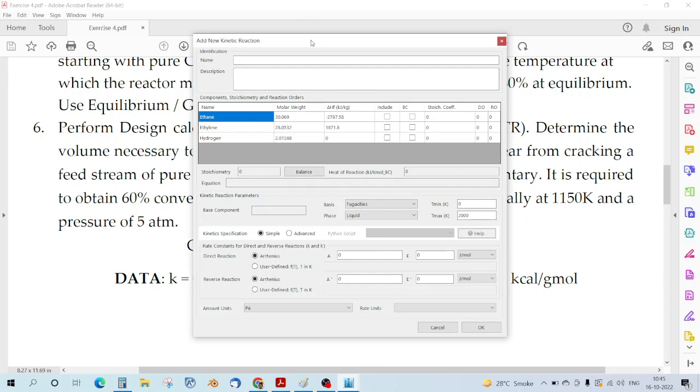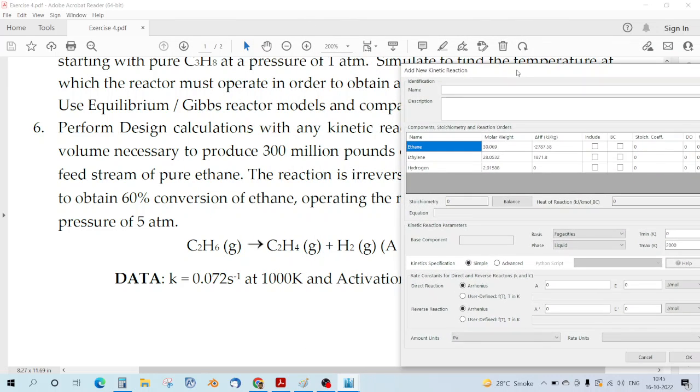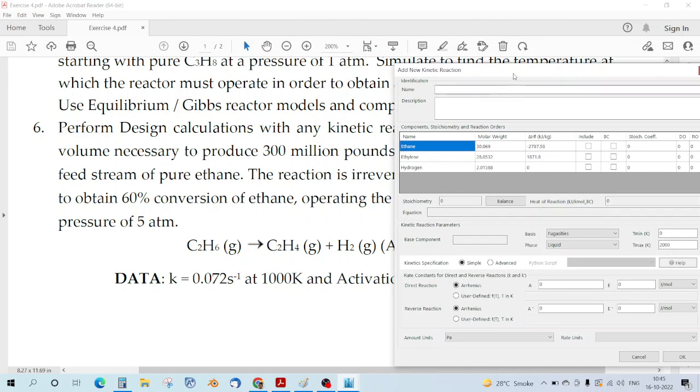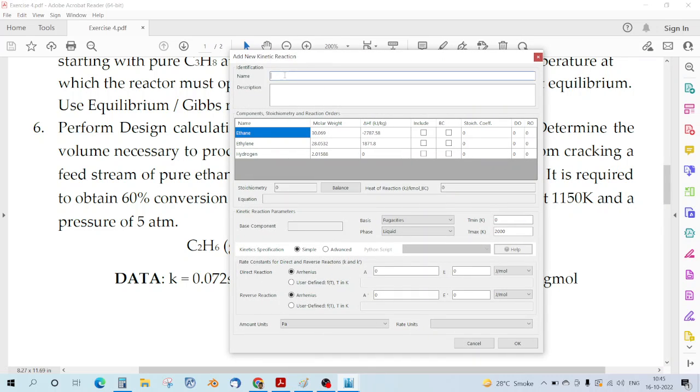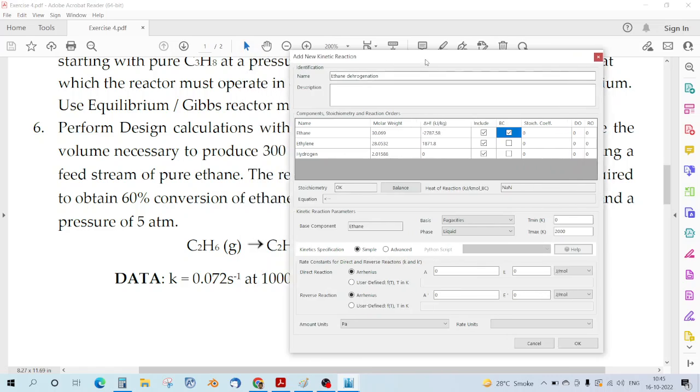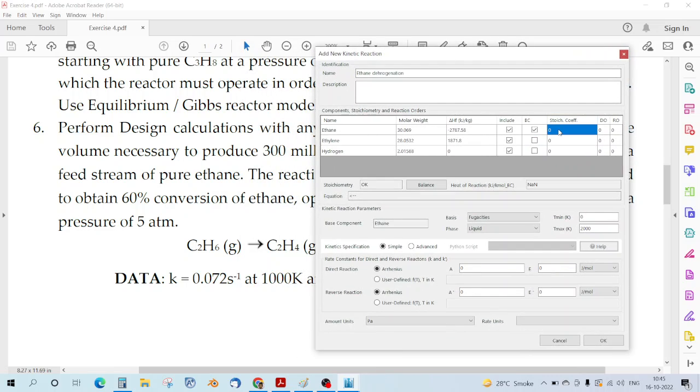So the reaction here is ethane giving ethylene and hydrogen. So let's write ethane dehydrogenation reaction and include all of these. The base component would be ethane, because we have the conversion of ethane that is given to us, and the stoichiometric coefficients -1, 1 and 1.